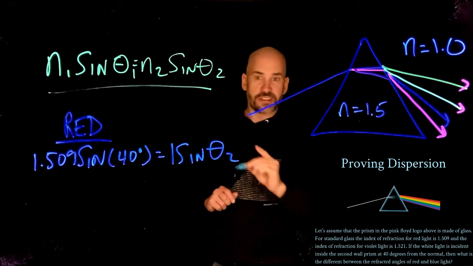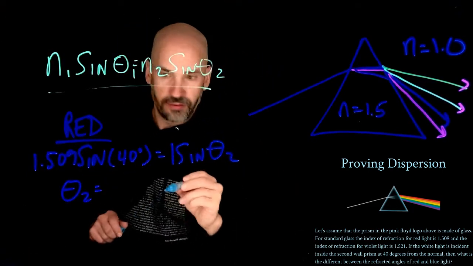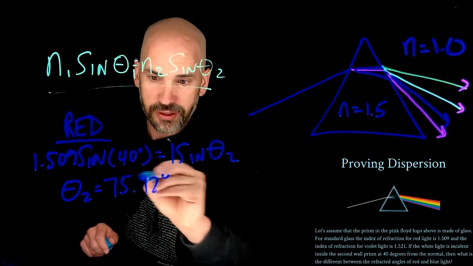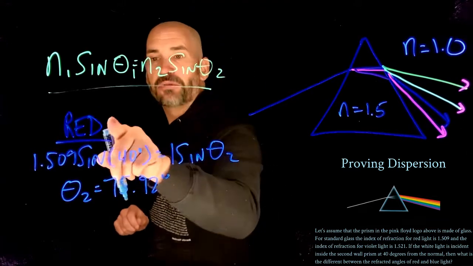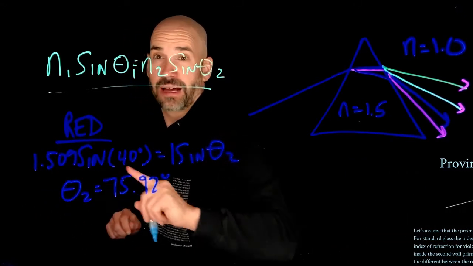And if I solve this for theta 2, I get a value of 75.92 degrees. Pretty basic, right? That's with red light, where red light has an index of refraction in glass of 1.509.